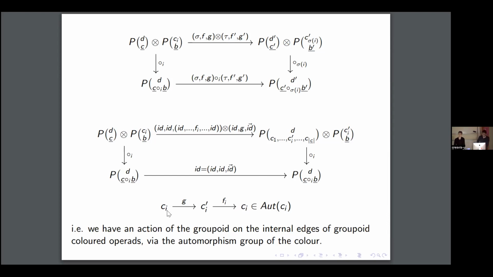So because this is a groupoid, this composite is an element of the automorphisms of this color. So what this is really telling us is that the automorphism group of our color has an action on the internal edges of our groupoid colored operad. And I'll provide an example.